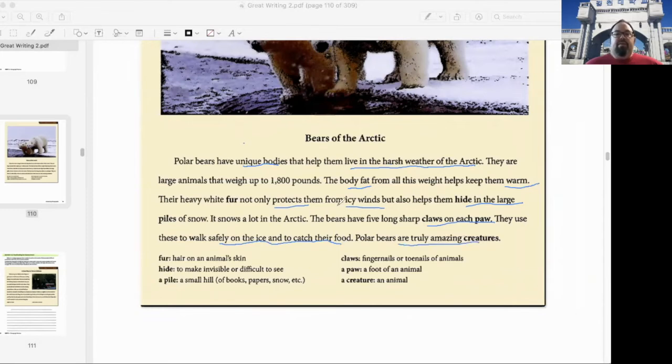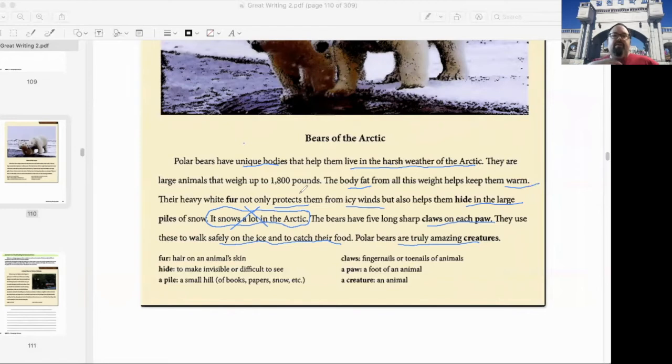Okay, so there's one sentence here that really does not seem to be necessary. It snows a lot in the Arctic. Okay, it does. We know that already.